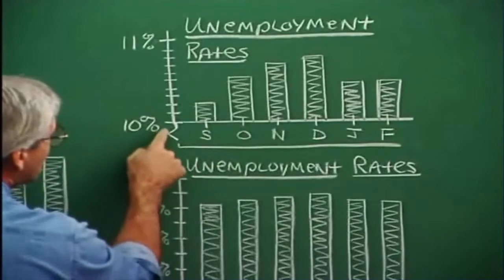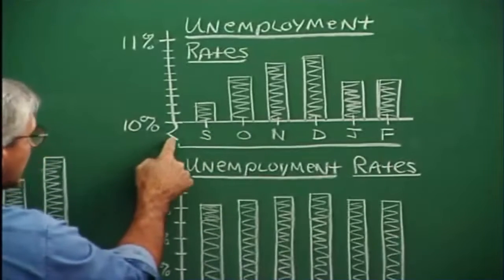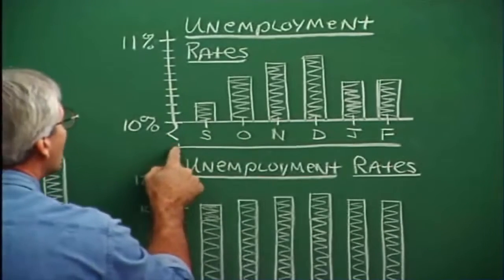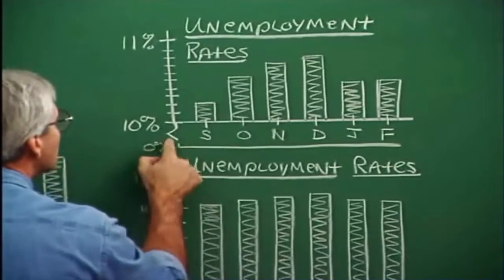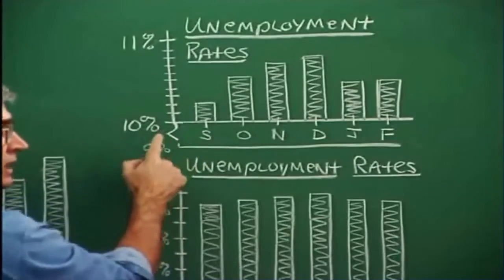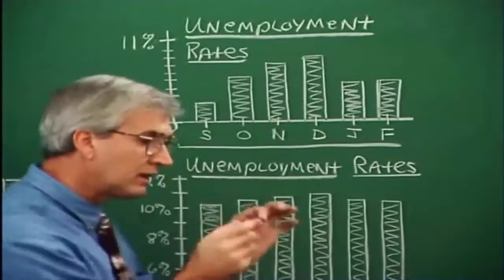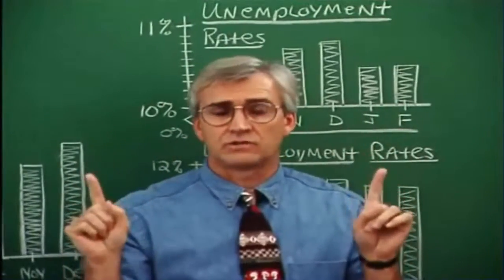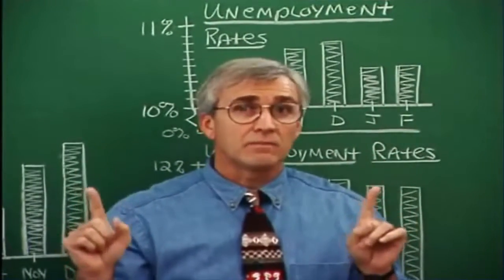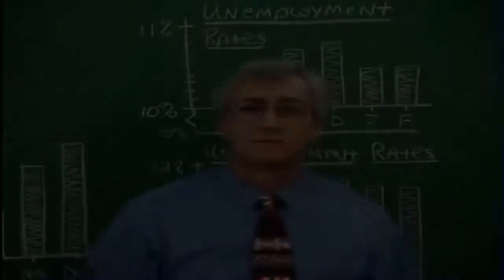But at any rate, there would be some kind of designation like this, indicating that there is a break from this low point of 0% to this position of 10%. And anytime you see a break like this in either axis, a warning bell should go off and say, ding, ding, ding, there may be a problem with this graph.